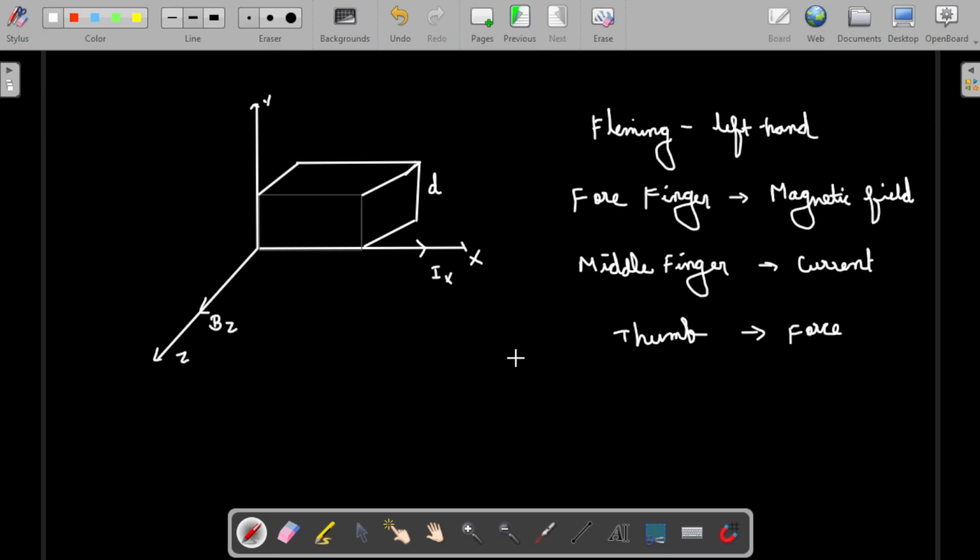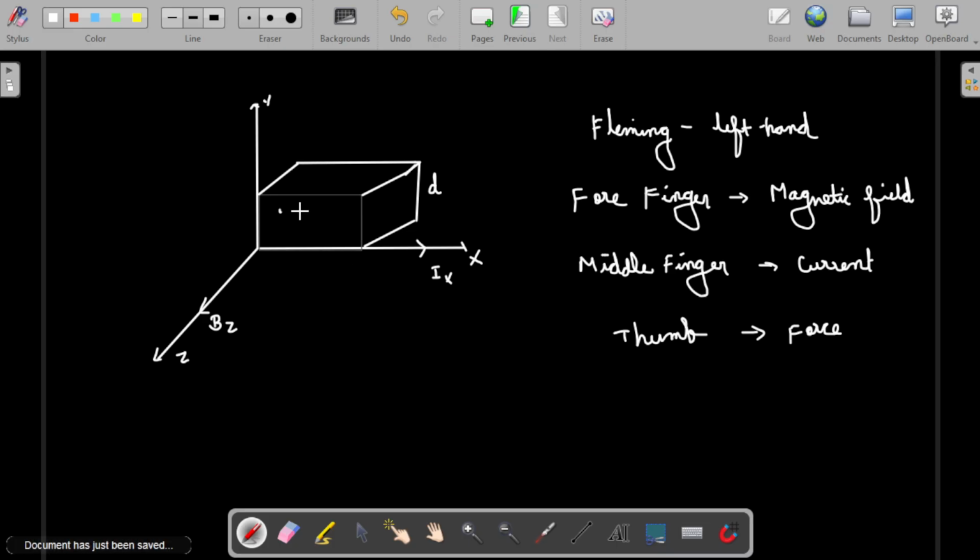Force here means movement of a charge carrier. Adjust your fingers based on those. Then you align the direction. Take your left hand and point the forefinger to your side. Invert it, and you will see the thumb is pointing downwards.